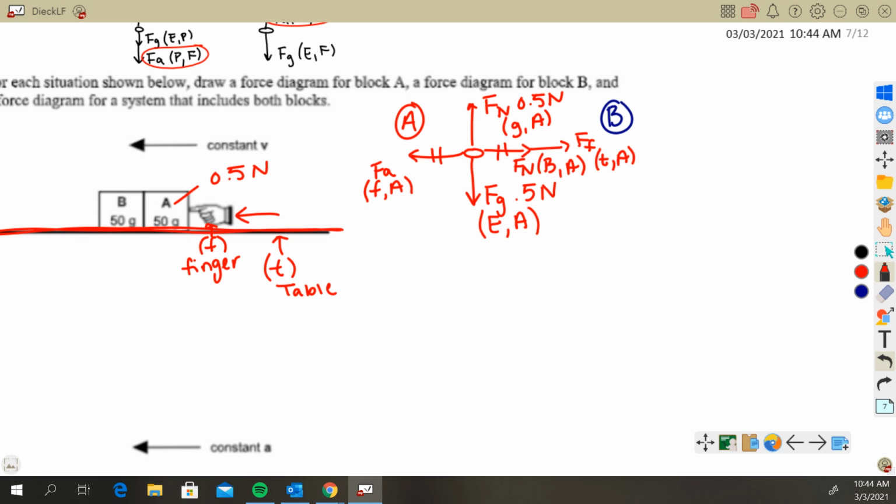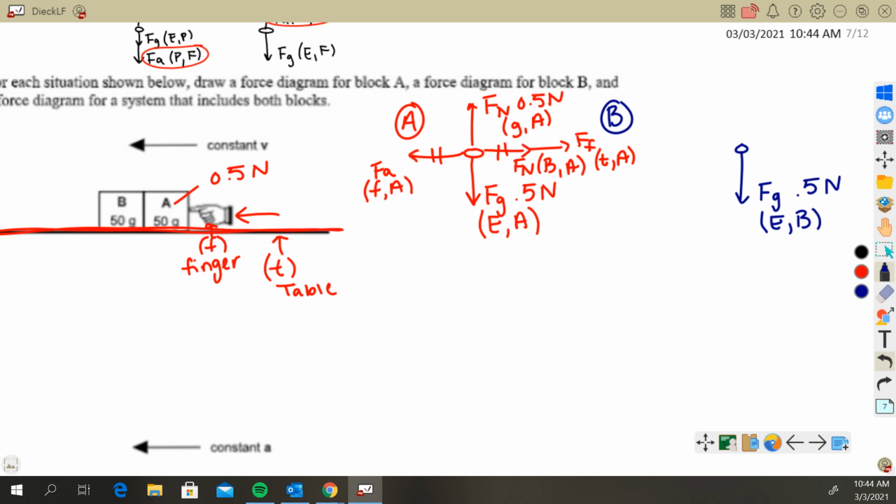All right, block B. Block B is going to have gravity. How much gravity is it going to be? 0.5 newtons. Who's dealing the gravity? Earth. Who's feeling it? Block B. What about a normal force?